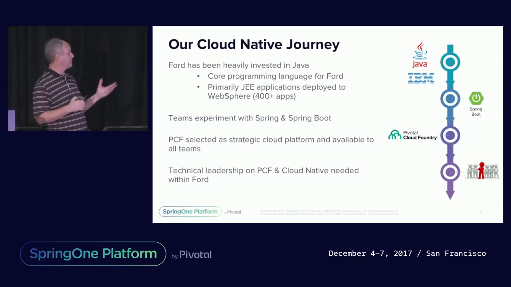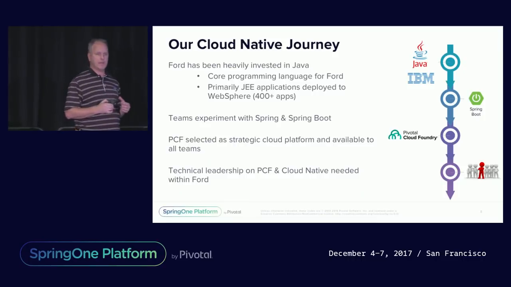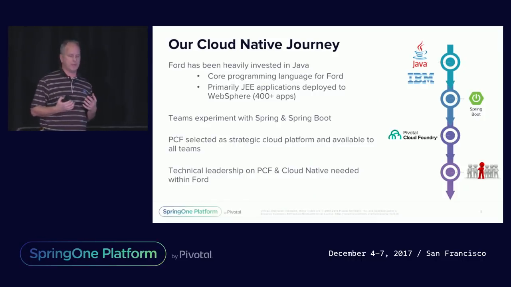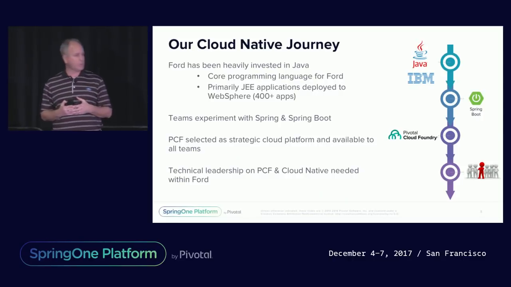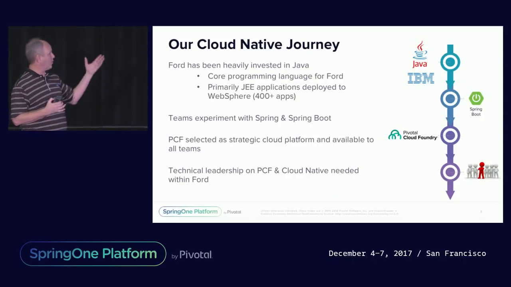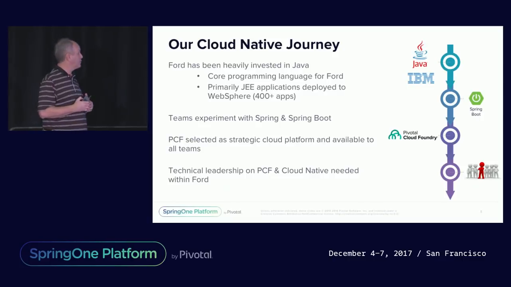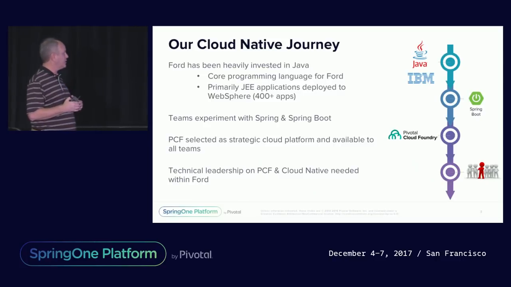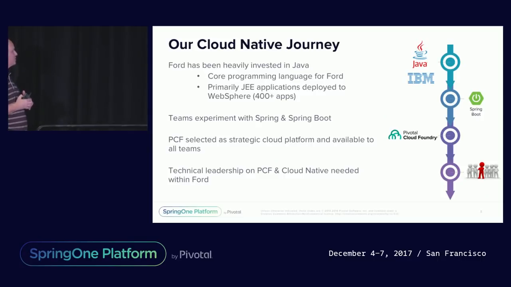So we had some teams start to experiment with Spring and Spring Boot, and they were successful. It really did lead to increased velocity. But I should mention that while we were a Java and EE shop, Spring was really new at Ford, so we didn't really have much of a Spring presence. And Spring Boot was relatively new in 2015. So this was all new stuff. But again, enough success with those trials, those experiments.